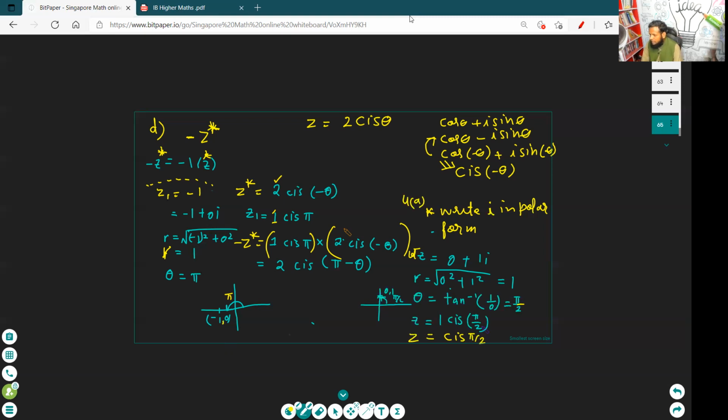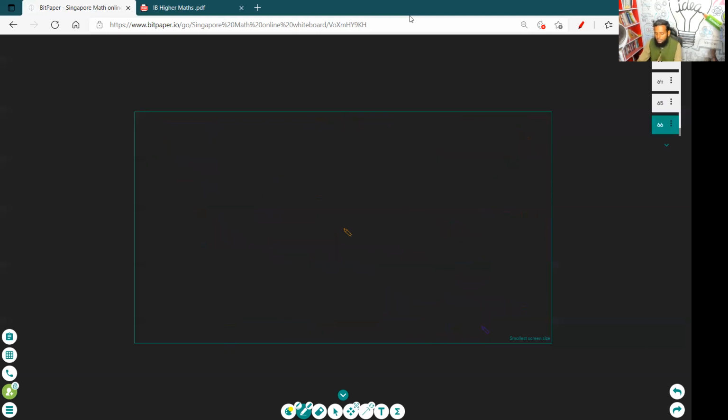If there is no 1, you should understand there will be 1 here, as we know that 2 is 2 upon 1, but we write 2 without the denominator. So here there is no modulus, so you should know that modulus is 1. R is 1 here.